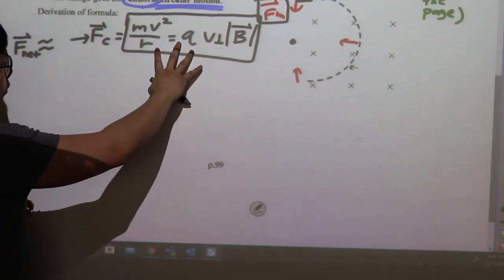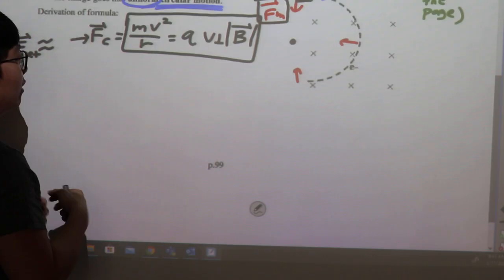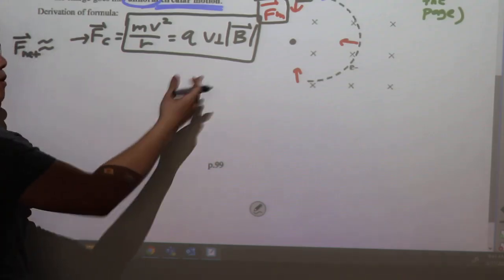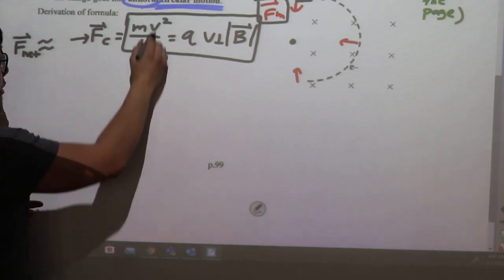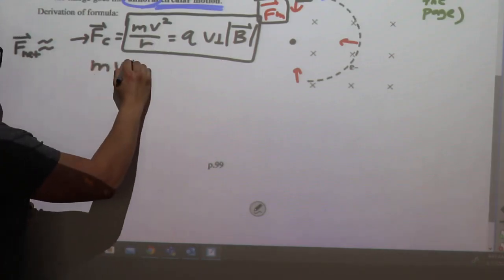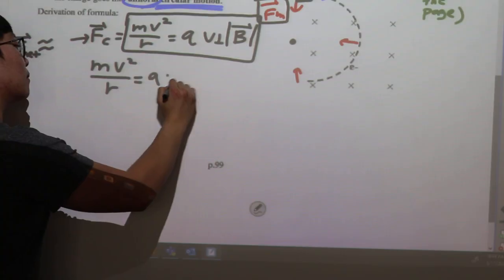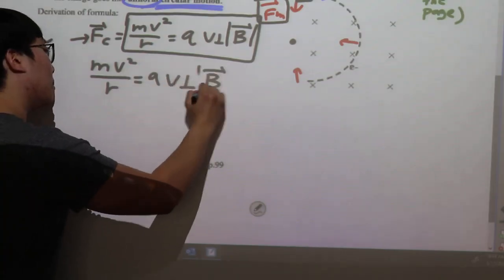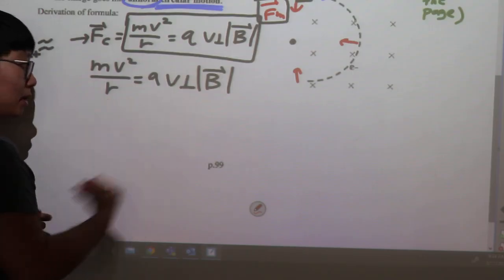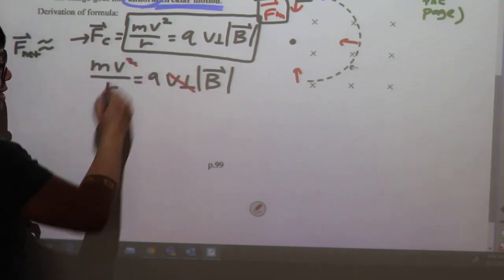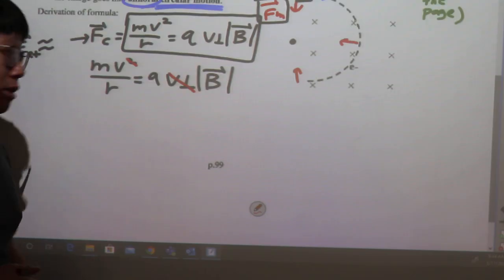In here, let's isolate for speed. It can be radius, it can be magnetic field, depending on the situation. But let's do the isolation of V. Some people struggle because this perpendicular sign throws people off, but consider that as an exactly equal quantity to V on the other side.